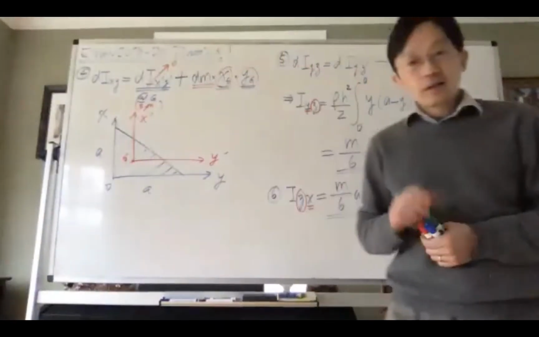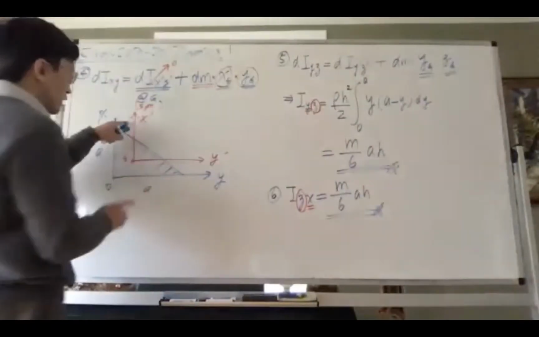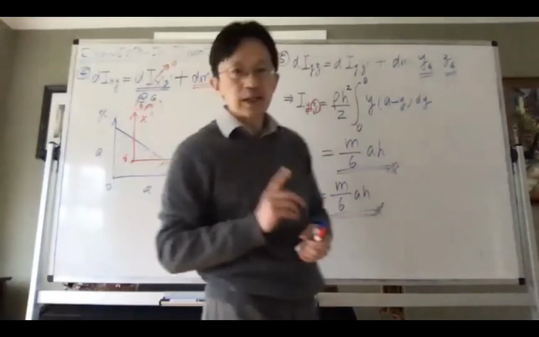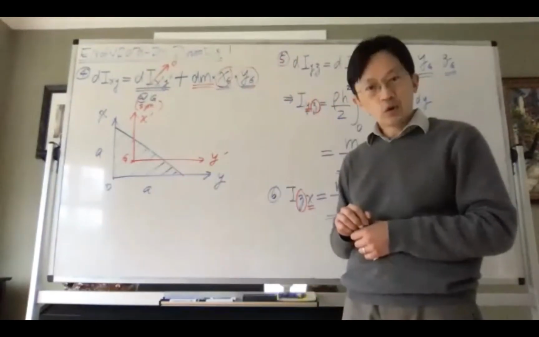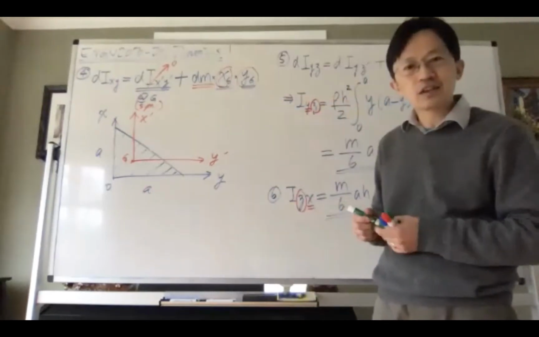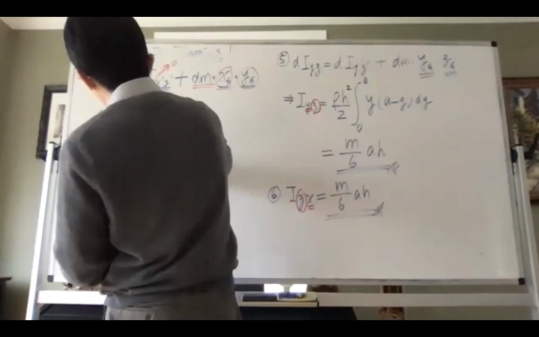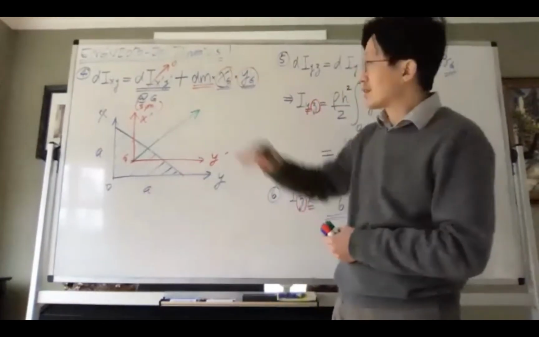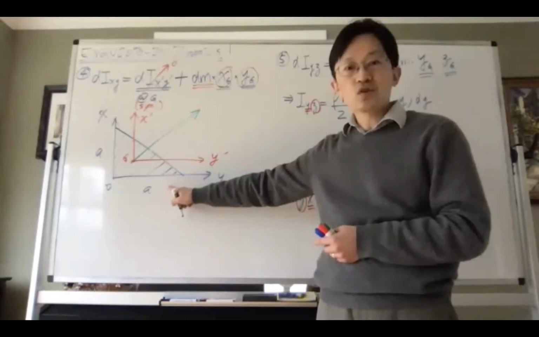So x prime and y prime are the axes passing the center of gravity. Now, the concept of what we call parallel plane theory is this. You're not looking at just individual axes, you're looking at the whole plane. So if the whole plane has a symmetric axis, then this term will always be 0. So in this case, what do you mean by axis of symmetry? Well, very simple. Can you identify an axis like this, and on both sides of this axis, the 3-dimensional object appears to be identical?